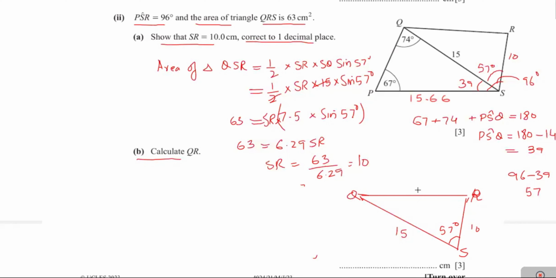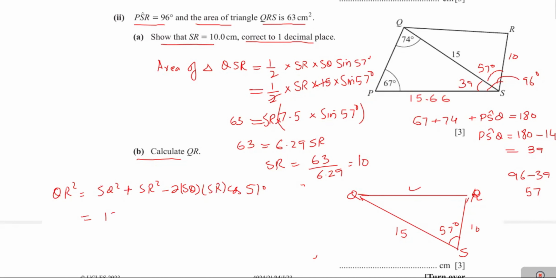We can calculate this length QR, therefore QR squared will be equal to SQ squared plus SR squared minus 2 times SQ times SR times cos of the angle between them, which is 57 degrees.